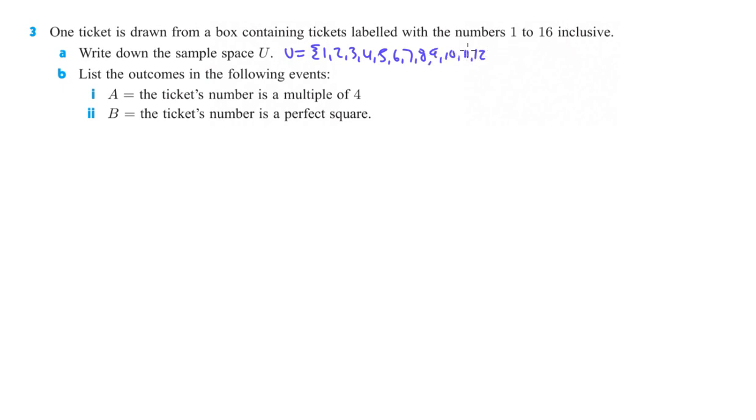Since it says inclusive, that means we include 1 and 16 as well in this group. So that is our U, and remember, that's a universal set.